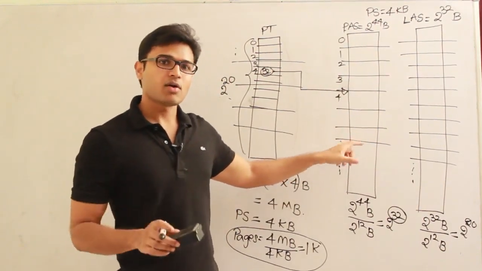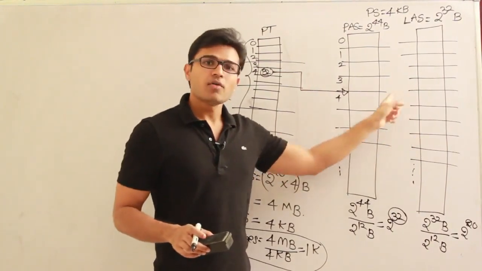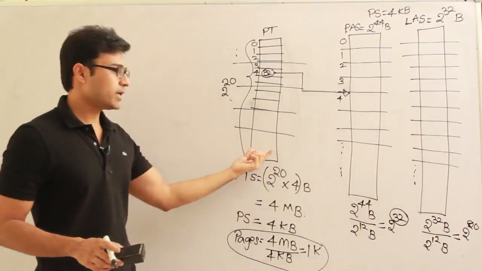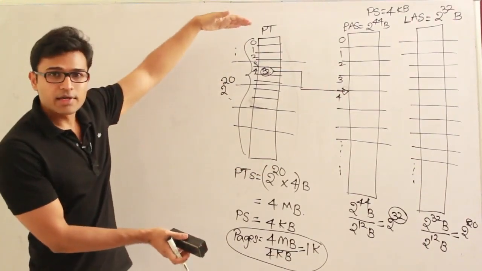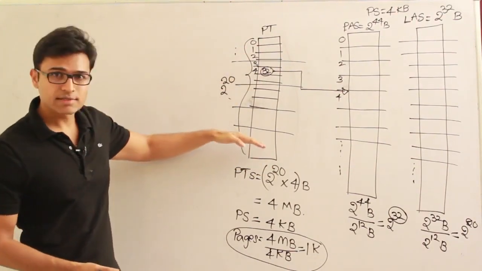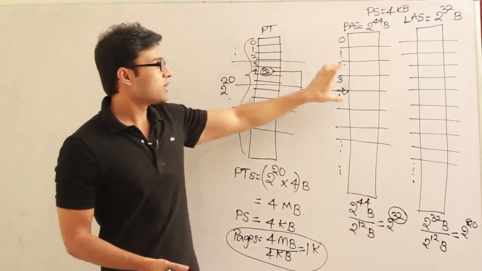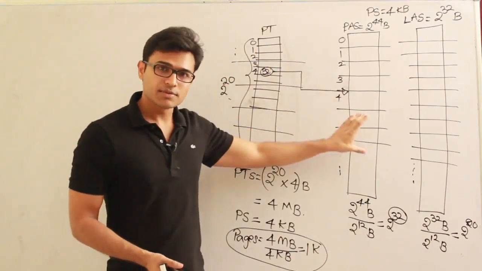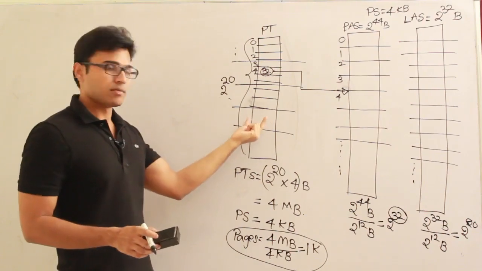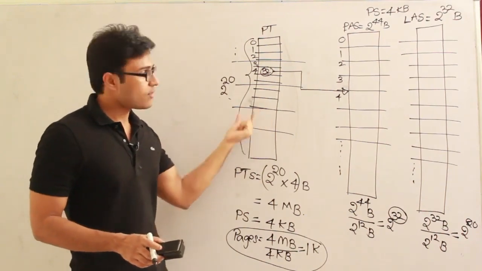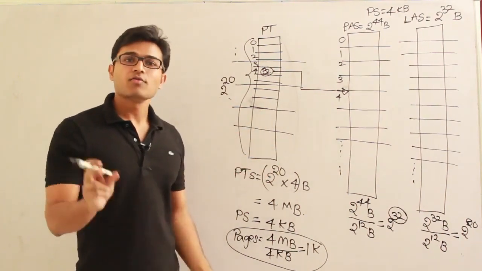In order to keep track of the original pages of the process, I am maintaining one page table, right? And next, the page table itself is so big, so I divide it into many pages, and now these pages will also be loaded into the main memory frames. So in order to keep track of which page of the page table is present in which frame, I have to go for one more page table.